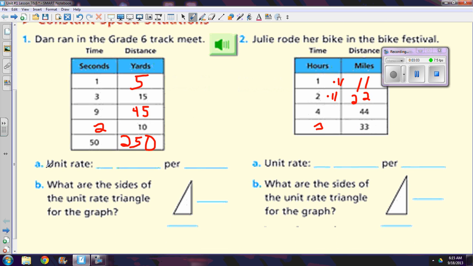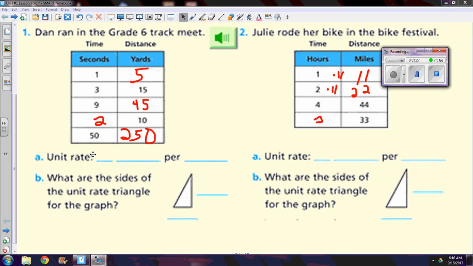All right, so A and B, the unit rate, and then it says what are the sides of the unit rate triangle for the graph. Same thing with 2A and B, unit rate, what are the sides of the unit rate triangle for the graph. So that's what we're going to work on now. You have 1 and 2 completed, and now you're doing 1A, 1B.